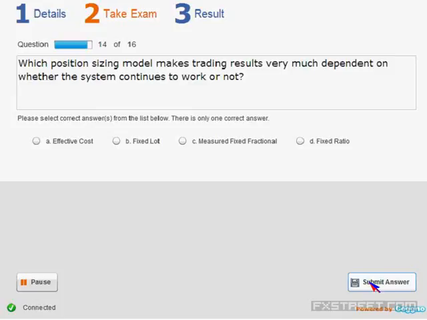You cannot use it to manage, to enhance, or to control those results. It's not said that you can turn a losing strategy into a winning one, but there is a technique which makes you more dependent on the system's performance than others.